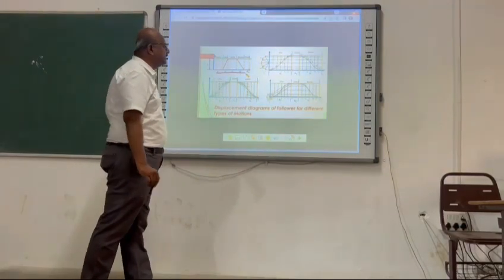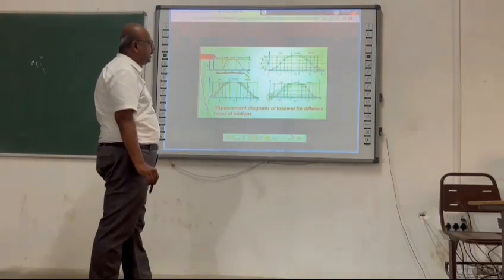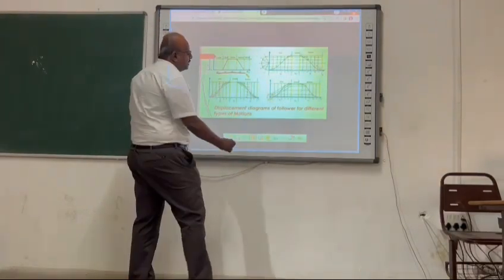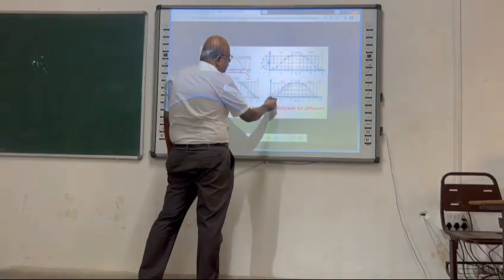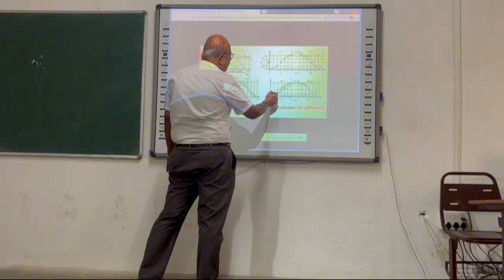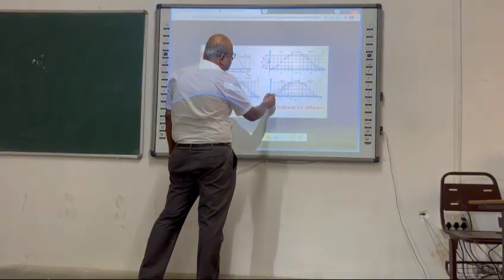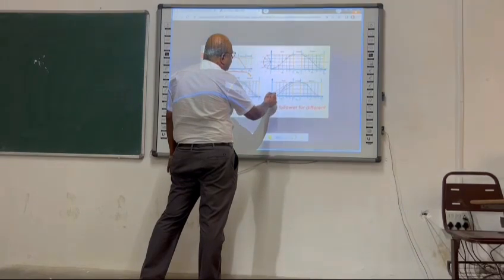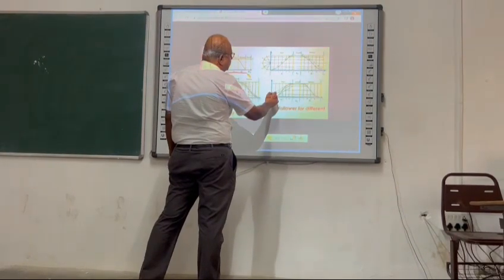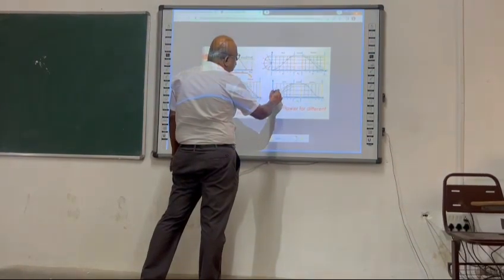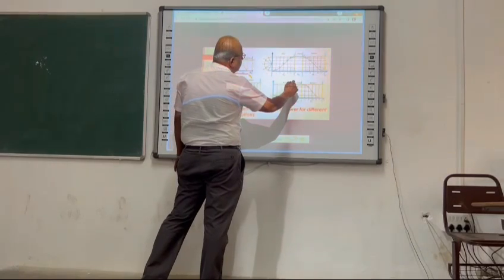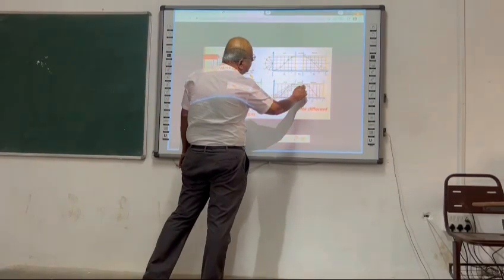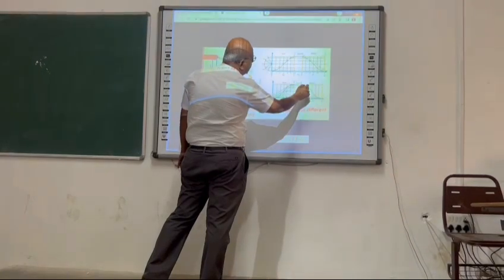The final one is the cycloidal motion. For cycloidal motion, we apply the cycloid principle. First, on the x-axis origin, a circle is drawn and this circle is moved towards the rise portion, and the dwell portion is noted as a horizontal line, and finally the return portion is also noted as a cycloidal portion.